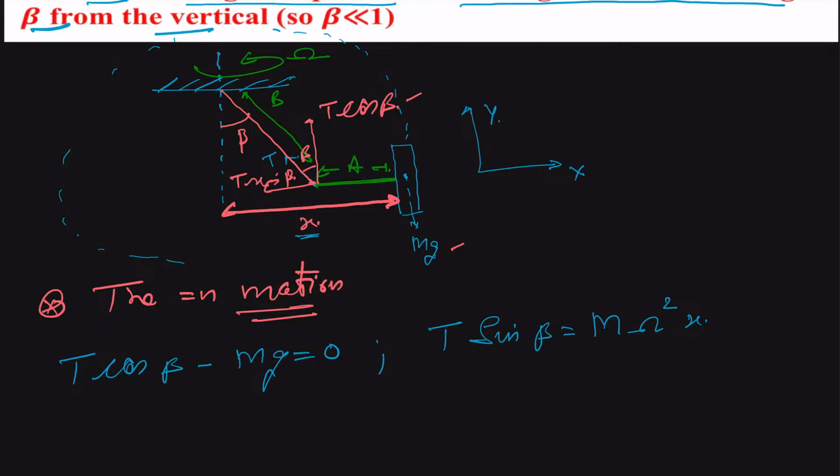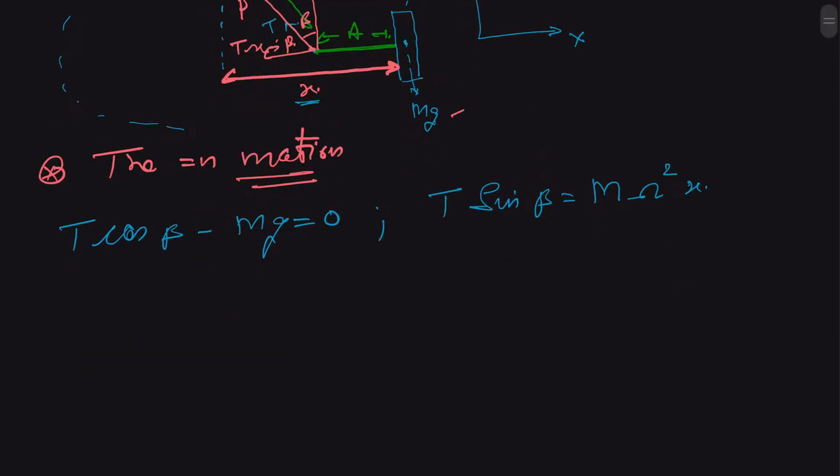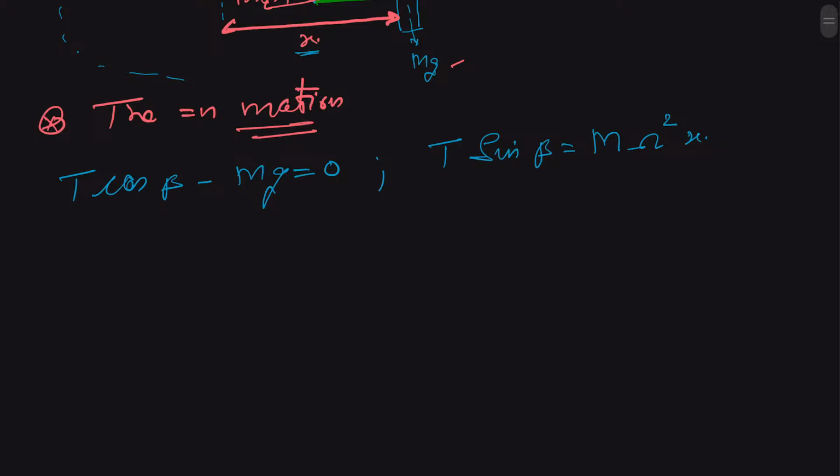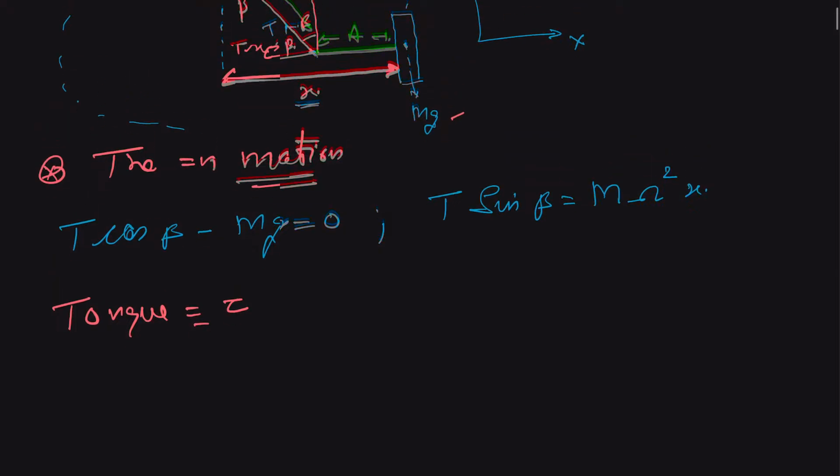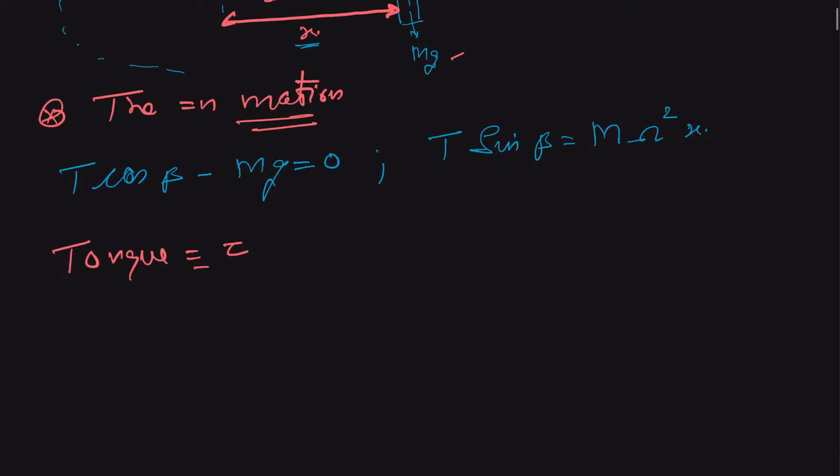Therefore, we can write our torque, tau, will be equal to a multiplied by mg.